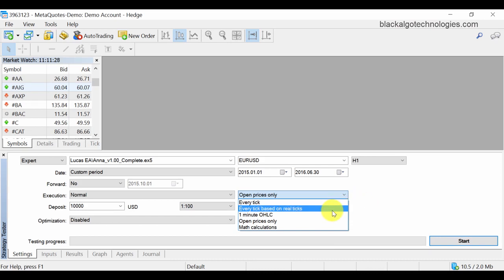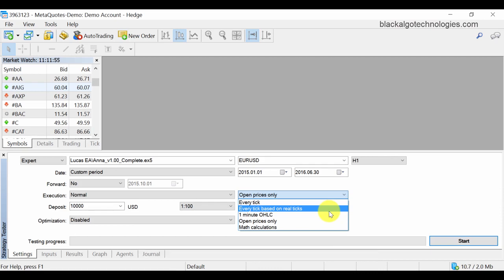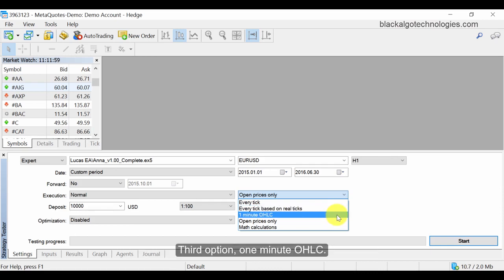Second option is to backtest using every tick information, but this time the ticks are real. So they were based on past historical price information. Third option, 1 minute open, high, low, close.